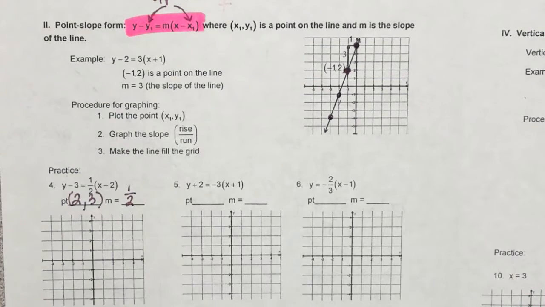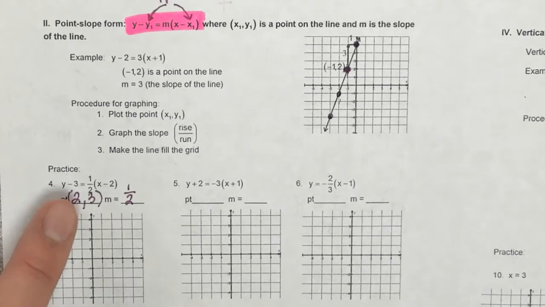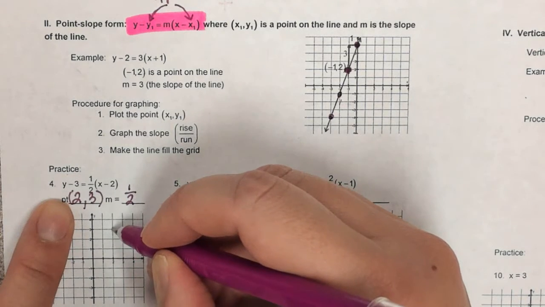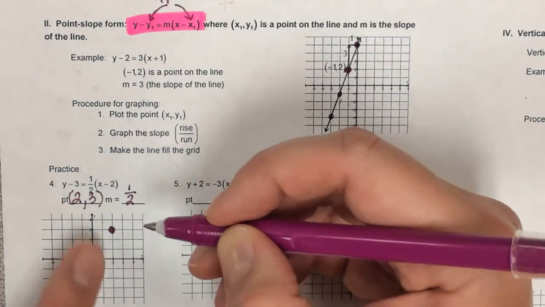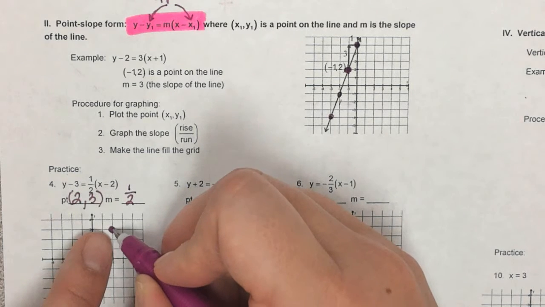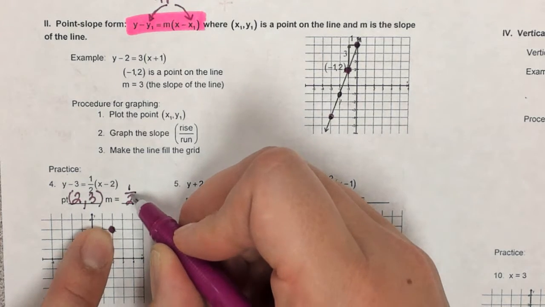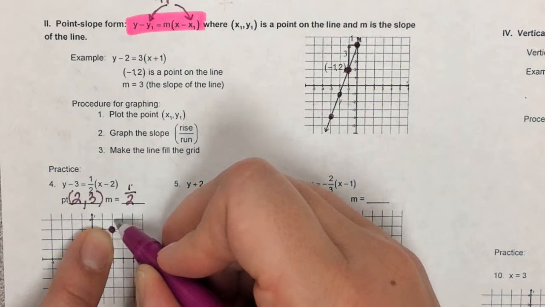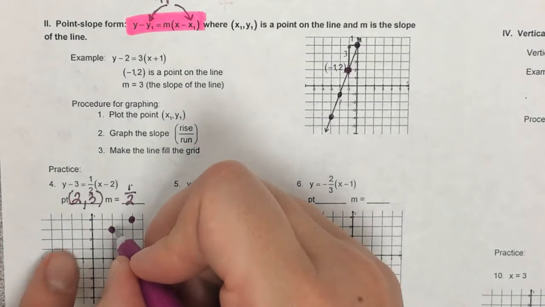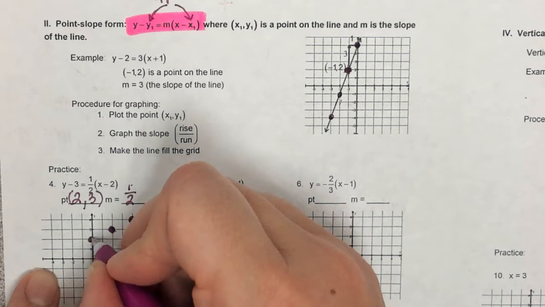So to graph this one, I'm going to start at that point, 2, 3. That's the point 2, 3, x comma y. And then from that point, I graph my slope. That's a positive 1/2, so I go up 1, right 2, point. I ran out of room, so I go down 1, left 2, point.